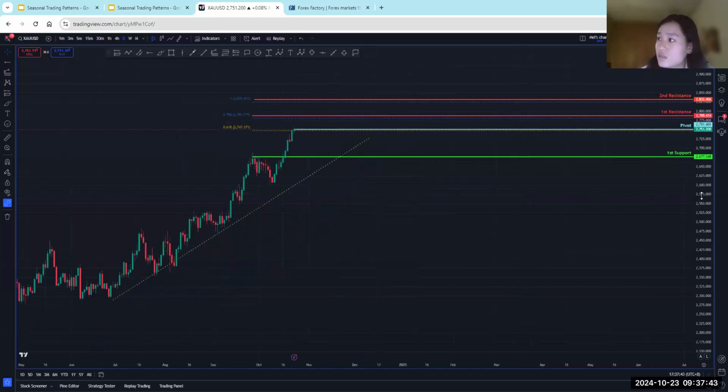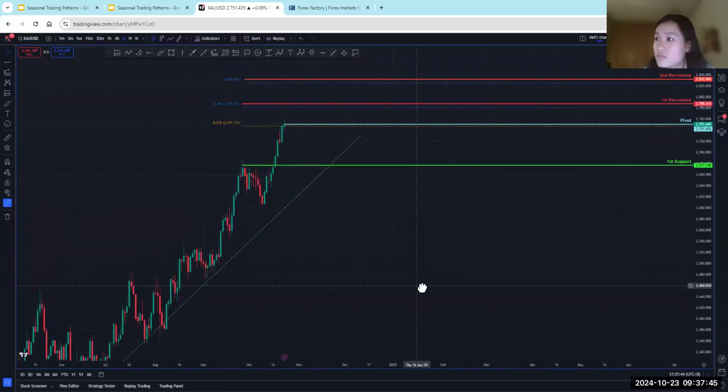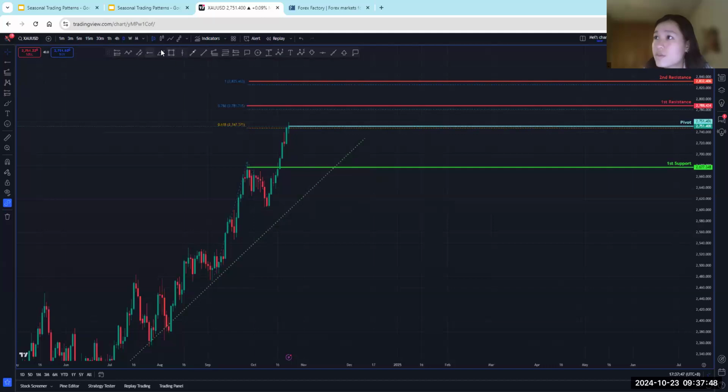If you're unfamiliar with Fibonacci, just a really quick recap. This is the trend line that I used, but this is the shape that we're looking at. It's kind of like a lightning bolt shape or a zigzag.